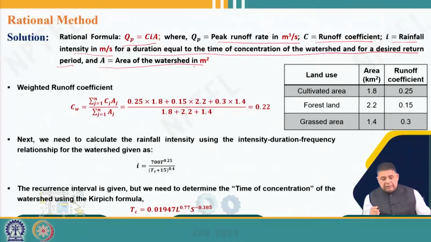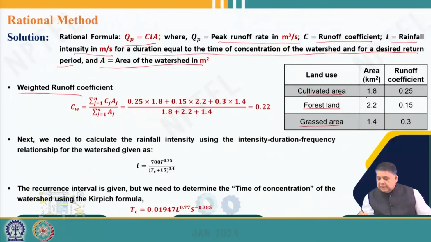Now, because this particular watershed has multiple land uses, obviously we have to use the weighted runoff coefficient. As per data we have cultivated area, forest area and grassed area.